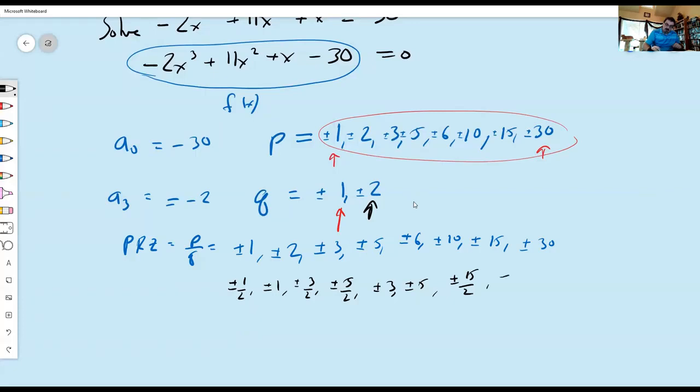Then 30 divided by 2 is 15. Now, any repeats, we throw them away. So I don't care about the plus 1, the plus 3, the plus 5, or the 15.